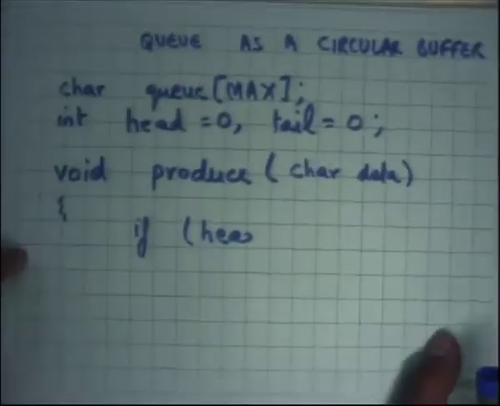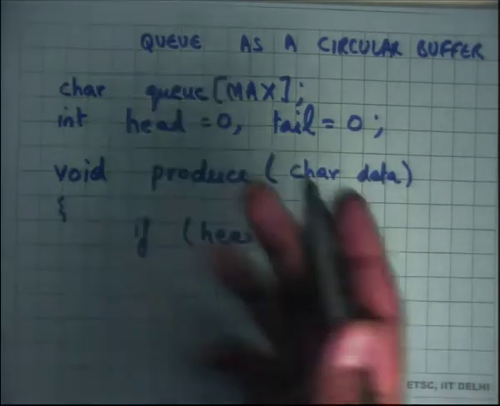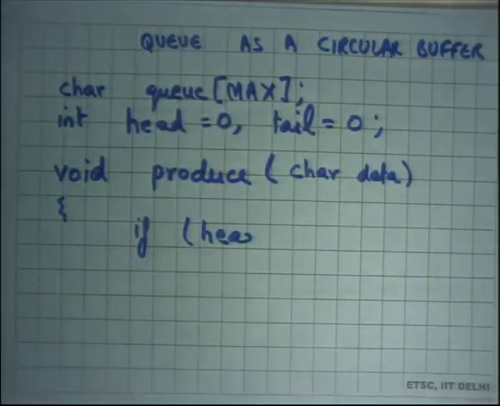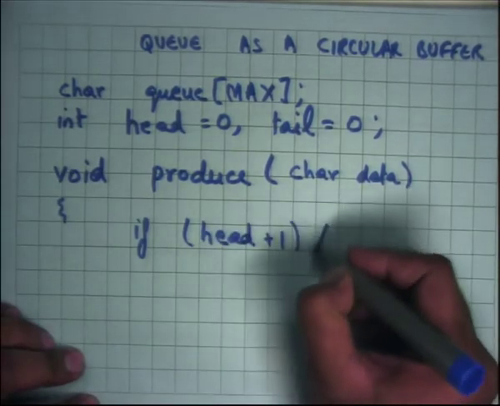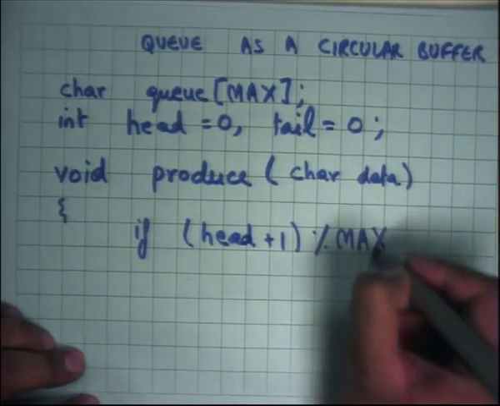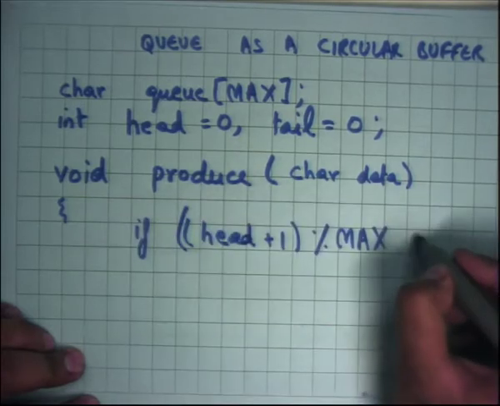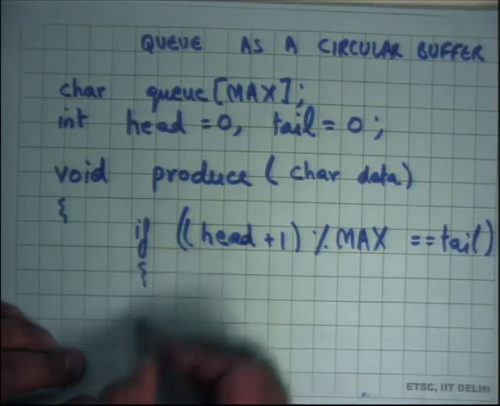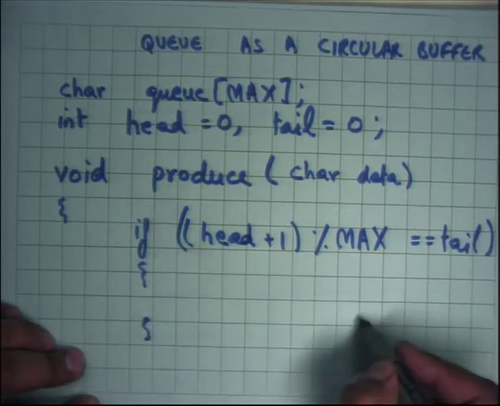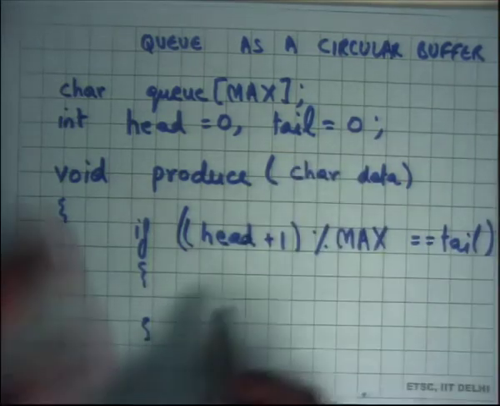All right. So what will produce do? It will check if the queue is full. If it's full, then it will, let's say, return an error. So it will basically say if head plus 1, and I'll do it in a circular way, modulo max, is equal to tail, then let's say error here. Let me just leave that as a blank.